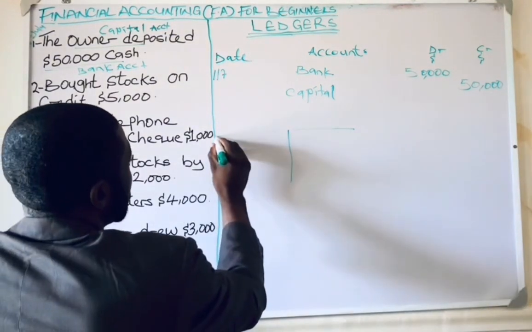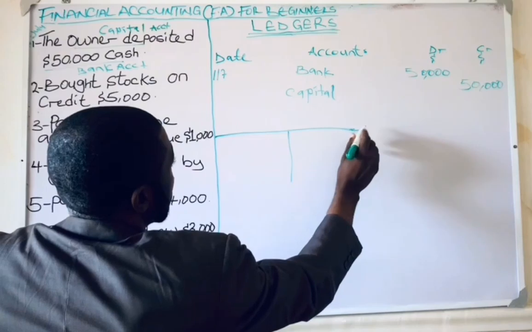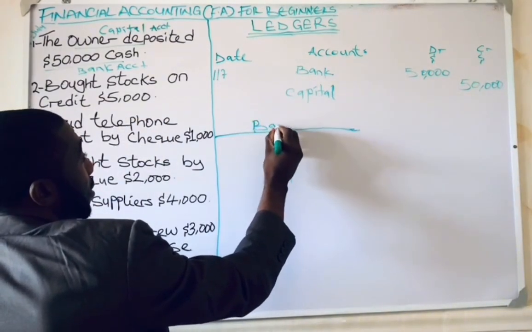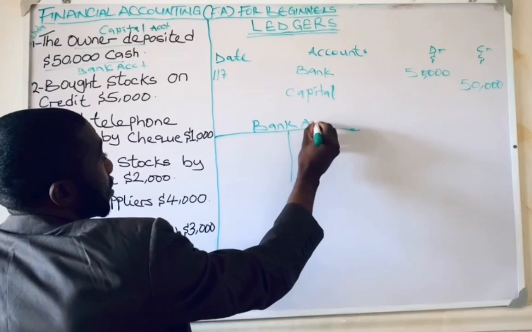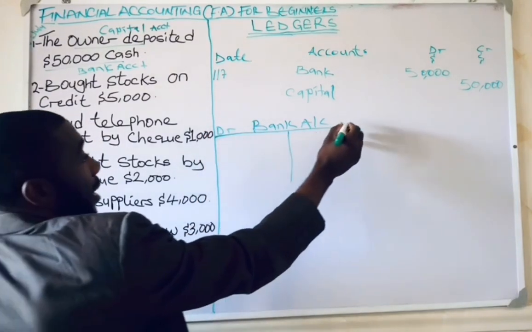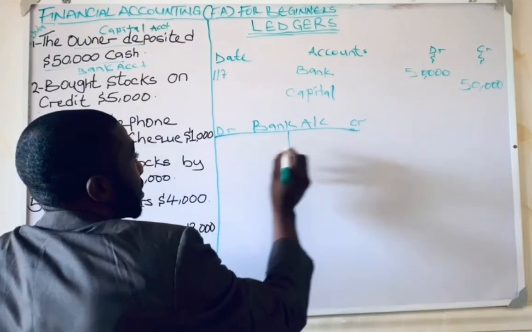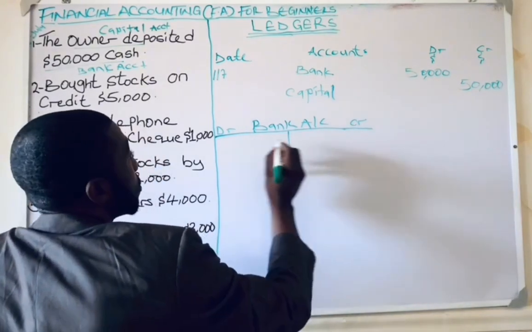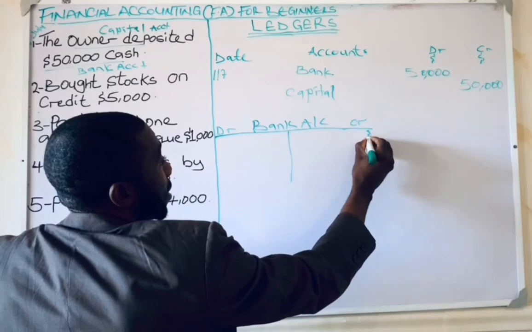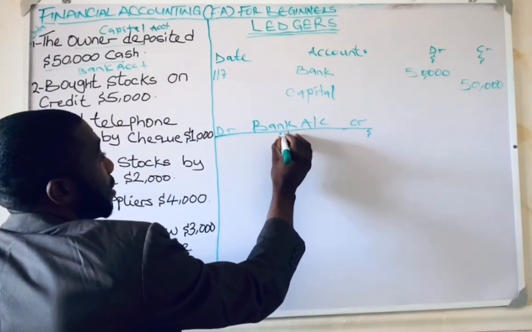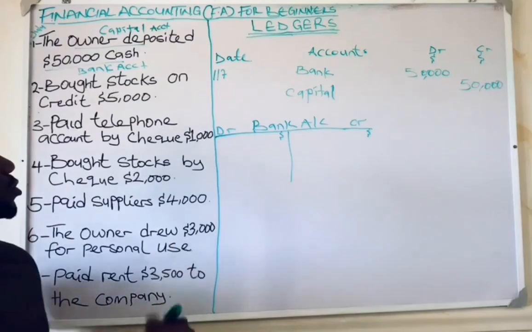Bank account. Here is your debit sign and your credit sign. Then the dollar, your currency, and dollar here, your currency.